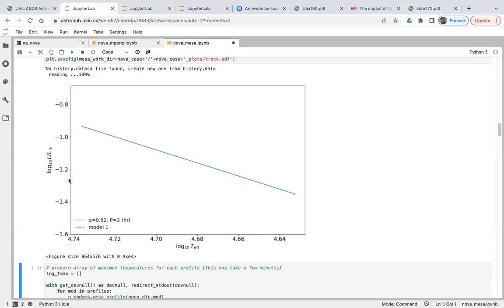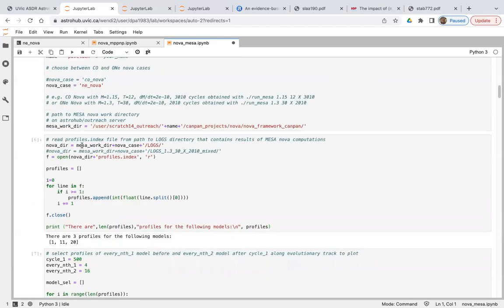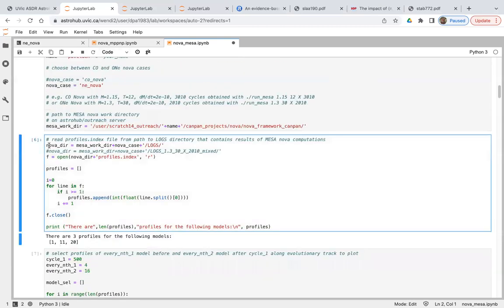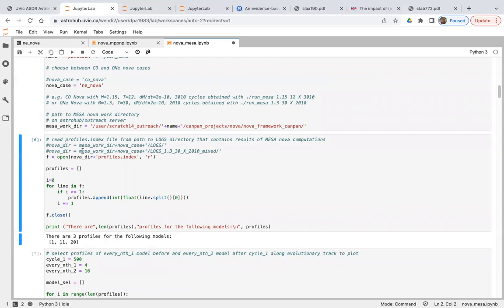So I'm going to change the name of the directory here from MESA default, where so far there are only 26 models. I'm going to switch it to my previously saved directory for the same computations.